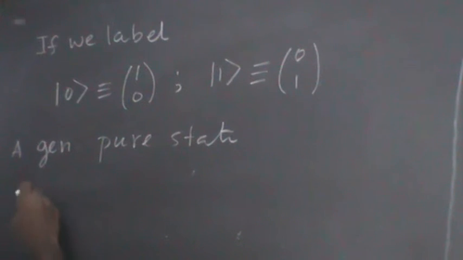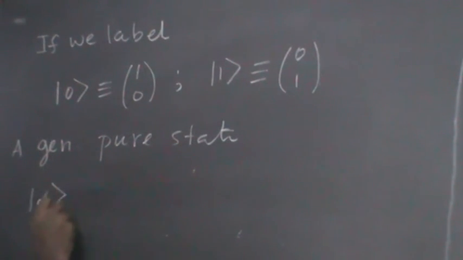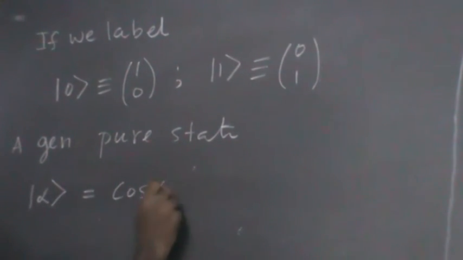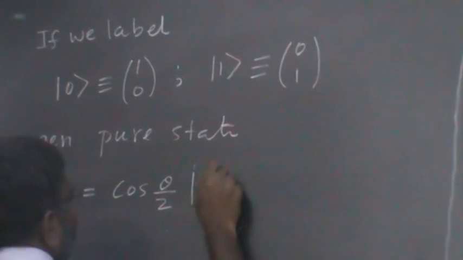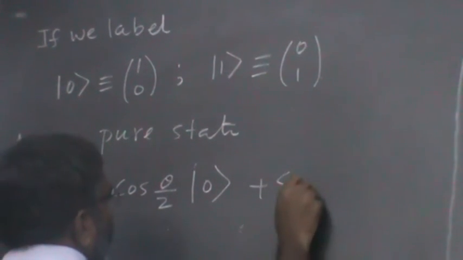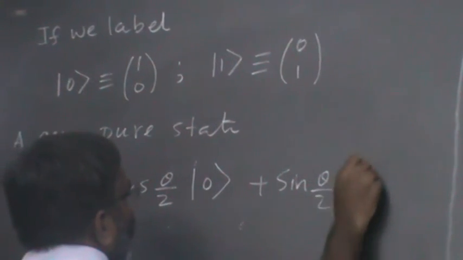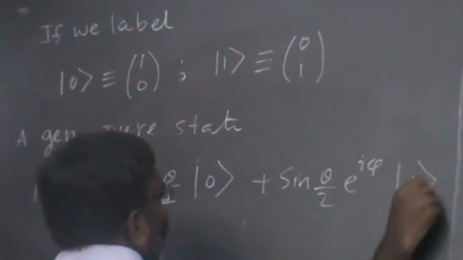given by alpha, which is equal to cos(theta/2) |0> plus sin(theta/2) e^(i phi) |1>.